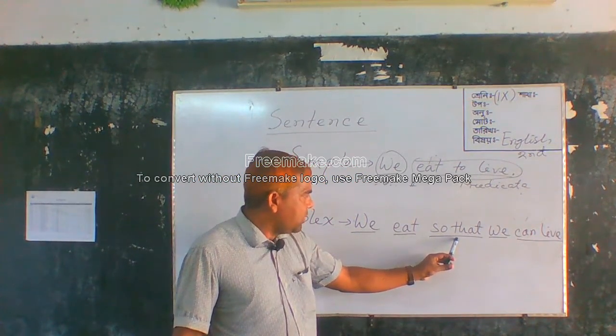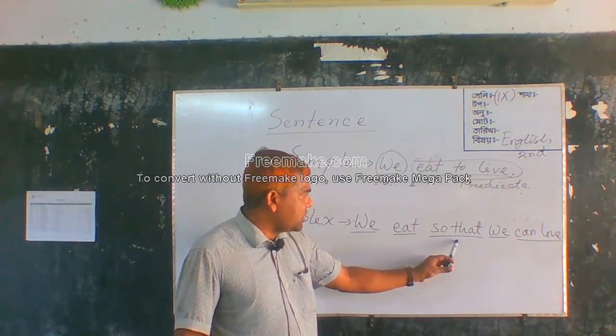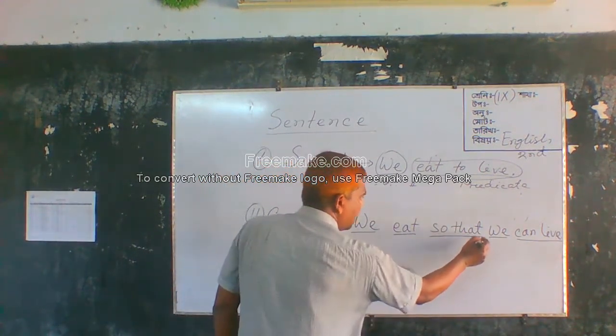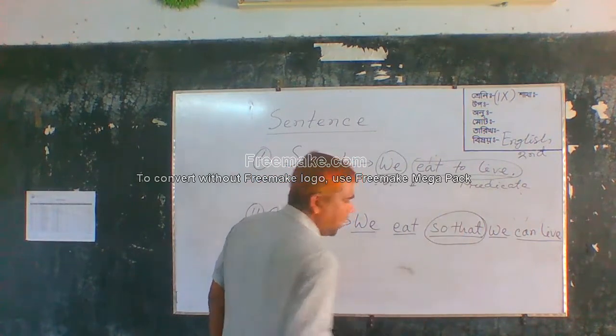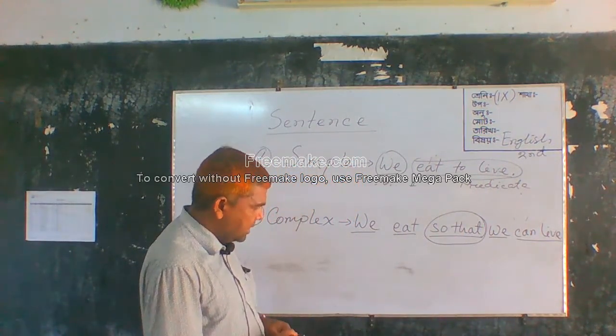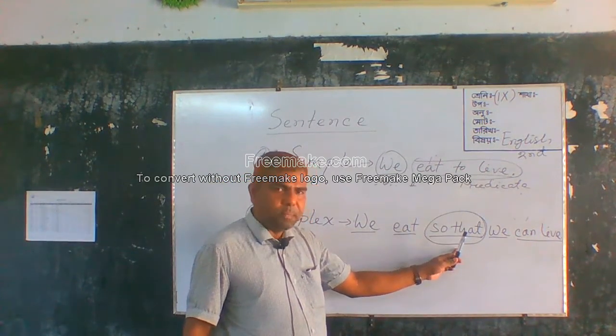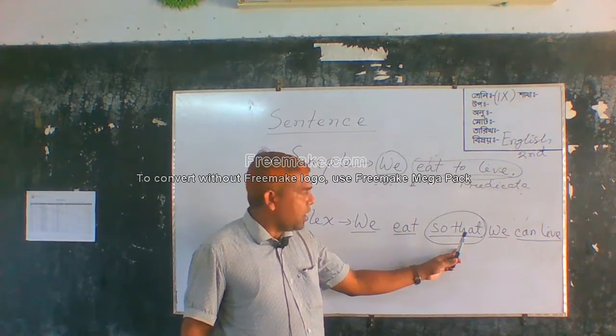Here we can see a subordinating conjunction. Subordinating conjunction is used in complex sentence. It is also the symbol to understand a complex sentence.